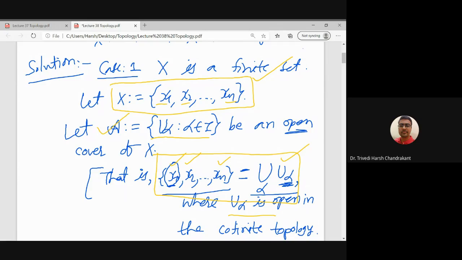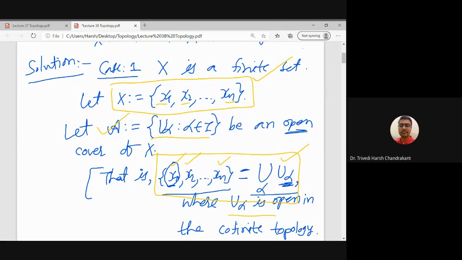So therefore whenever X is a finite set, whatever topology you consider on that particular set X, that is always a compact space, right? Every finite set is a compact space with respect to whatever topology you choose on that set. So that is case 1.